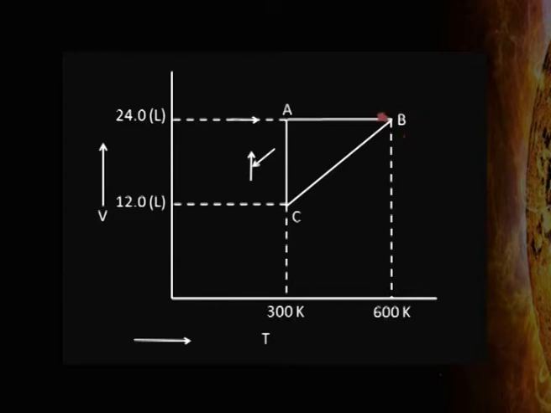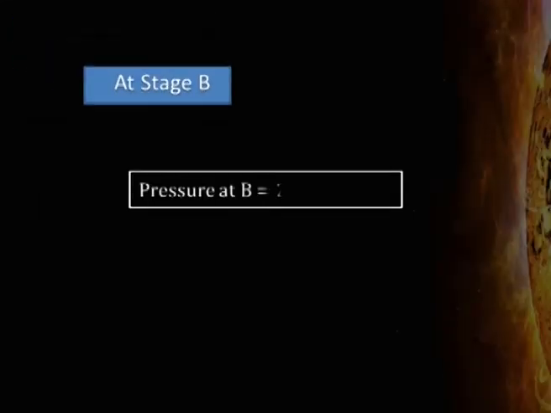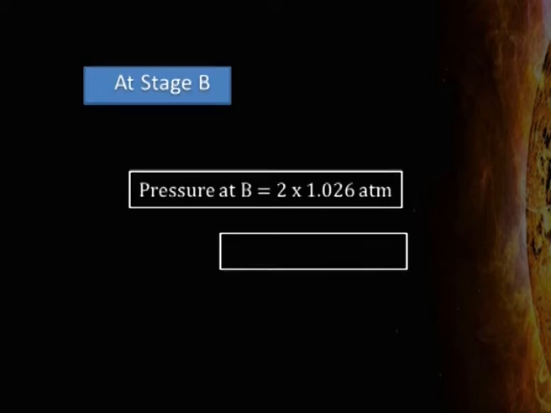At stage B, volume remains the same, but temperature changes from 300 Kelvin to 600 Kelvin. Thus, according to the pressure law, the pressure will be doubled at B with respect to A. Therefore, pressure at B will be equal to 2 multiplied by 1.026 atmospheres, that is 2.052 atmospheres.